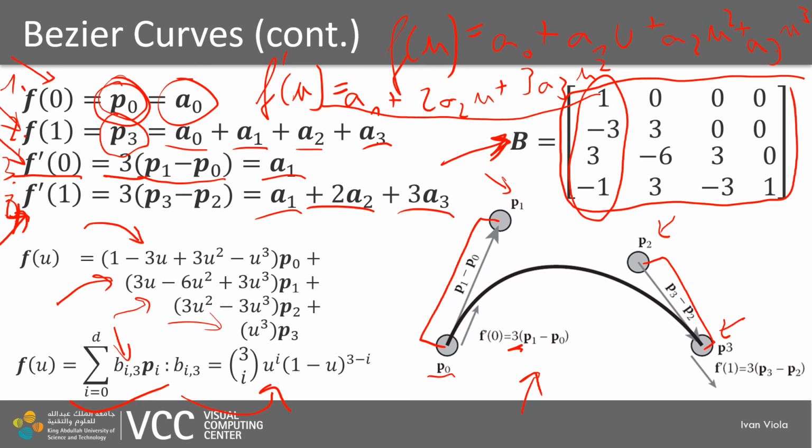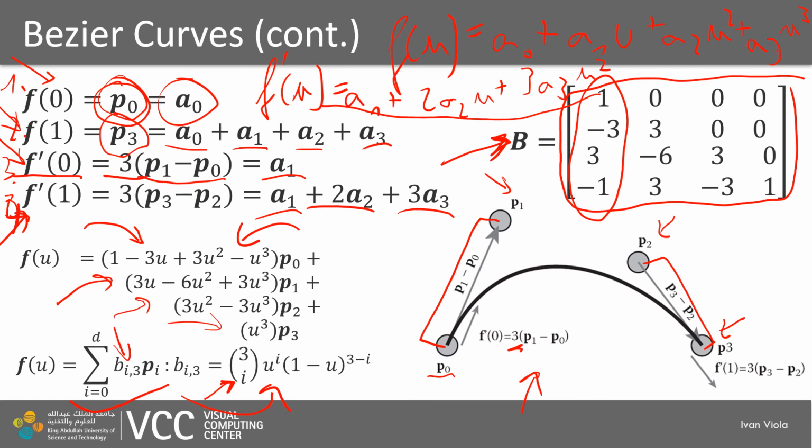While these expressions look quite complicated, they can be simplified into a form that is a multiplication of u to the power of i and (1 minus u) to the power of 3 minus i, multiplied by 3 over i, whose meaning you should know from combinatorics. Keep in mind that this is not a column vector, but the 3 over i binomial formulation.